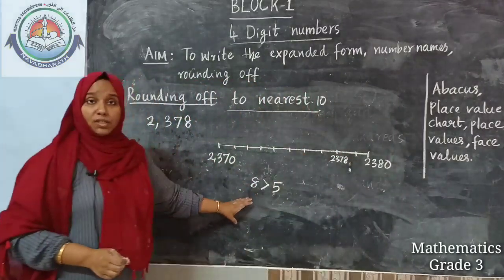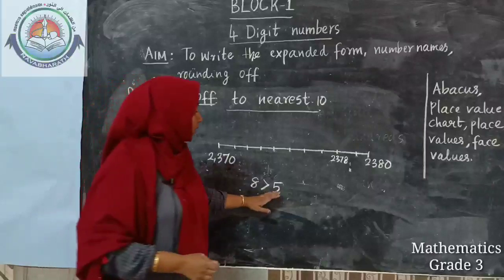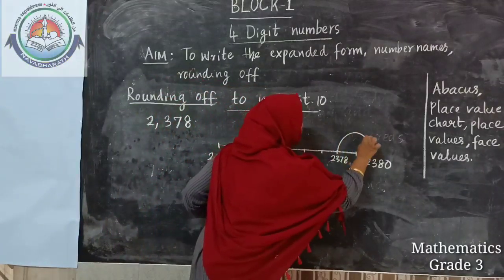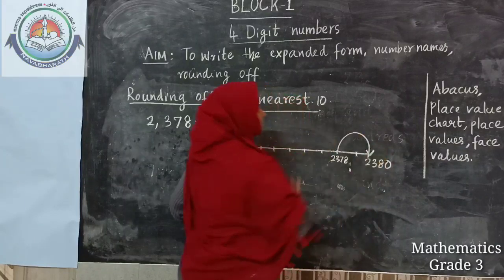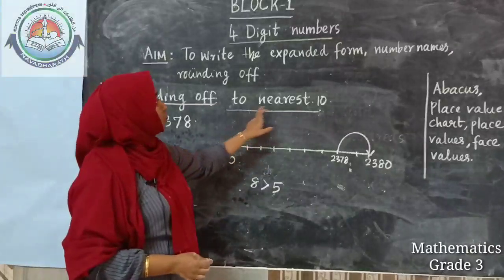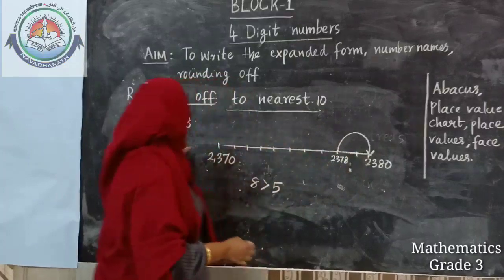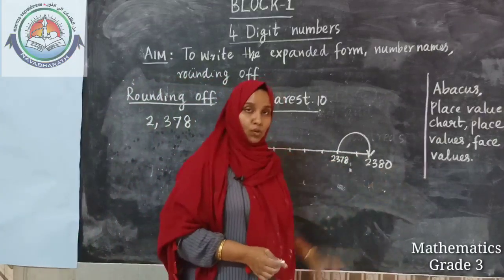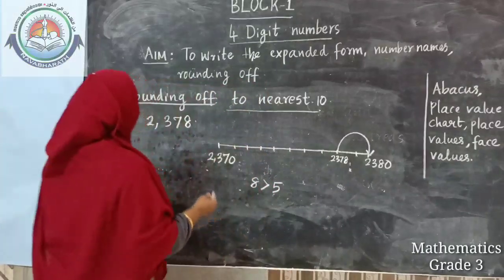If it is greater than or equal to 5, we will round off to the next higher 10. So, rounding to nearest 10 of this number is 2380. Let us see another example.